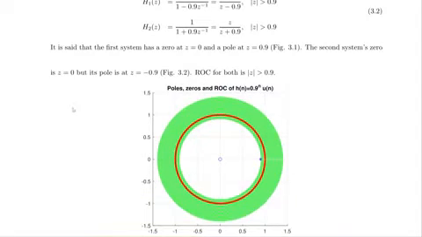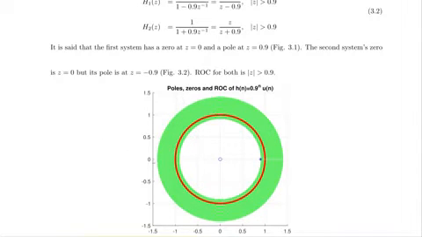Now, here you see the ROC of the first system. This is the 0 of the system, and this is the pole at 0.9. The green area shows the ROC.